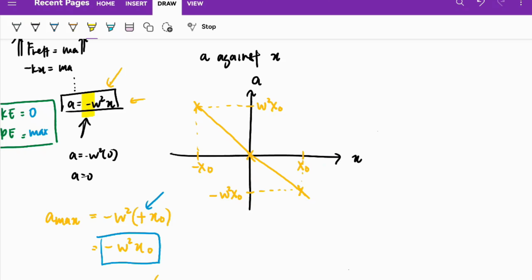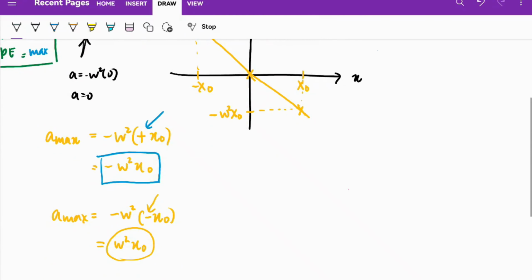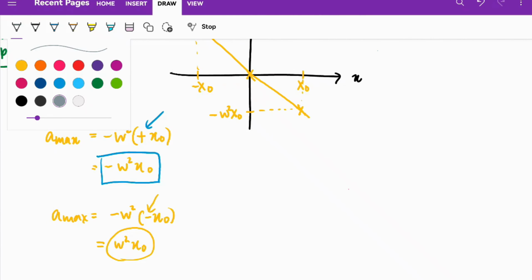Very easy, right? Just sub in inside a formula, you'll actually eventually get your answer. Now, our last graph of the day, V against X. Okay, let's choose a different color. Okay, this color.